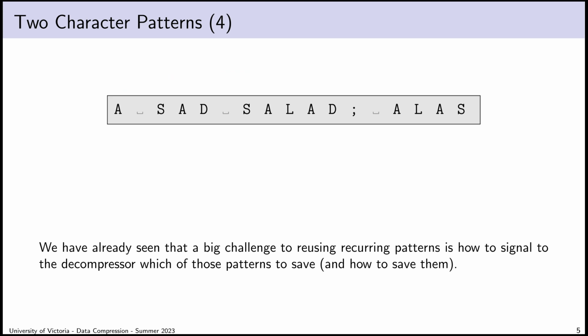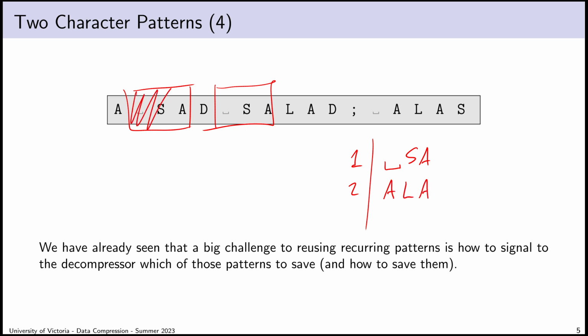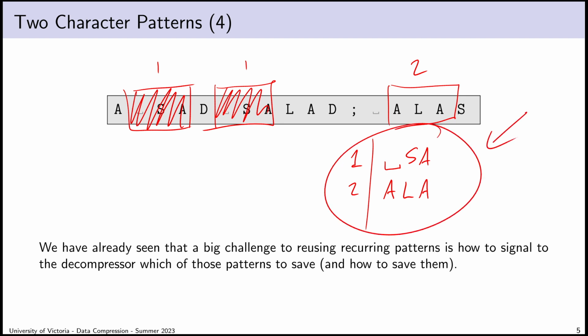One that I proposed as sort of a conceptual idea back in lecture number 3 was, hey, if I notice that certain things appear more than once, like space SA, what I could do is send to my decompressor in advance a list of commonly occurring multi-character meta-symbols. So I make up new symbols, and I just send that over to my decompressor in advance. And then when I want to use one of the symbols, I just tell the decompressor this is going to be new symbol number 1. And here's new symbol number 1 again. And then I guess this is new symbol number 2. I could do that. But of course, the problem is, how did I get this information to the decompressor?